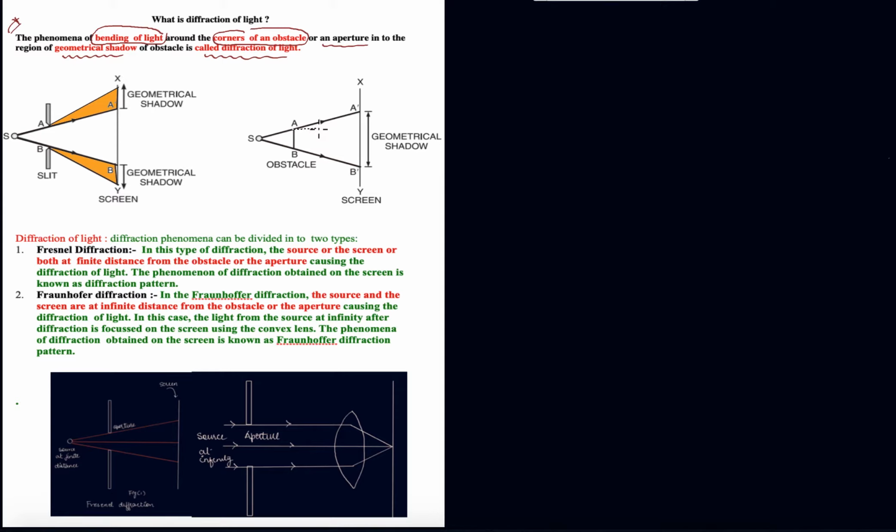Now see here, it will bend in the region of geometrical shadow like this. It will also bend from here on, into the region of geometrical shadow like this. Okay, it will bend like this. So this is the region of geometrical shadow.